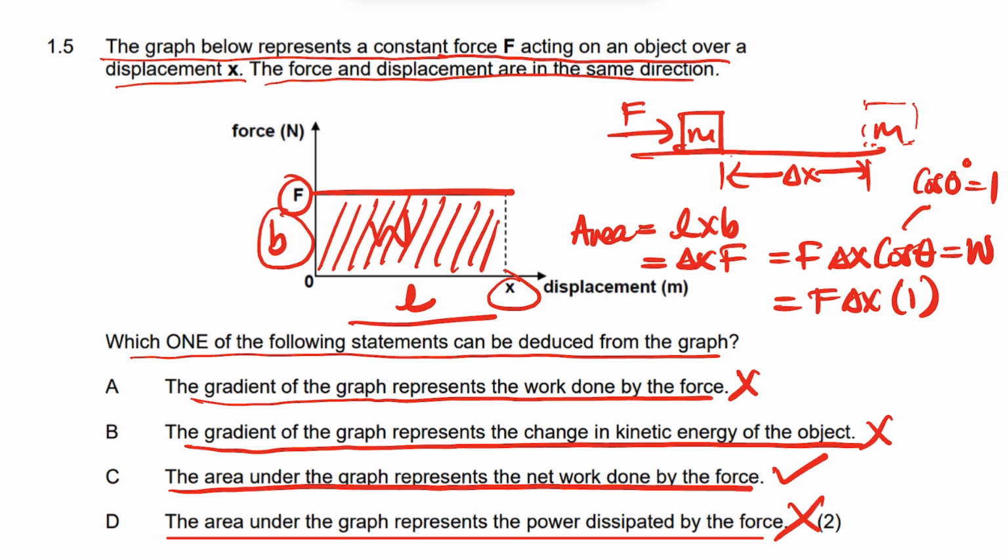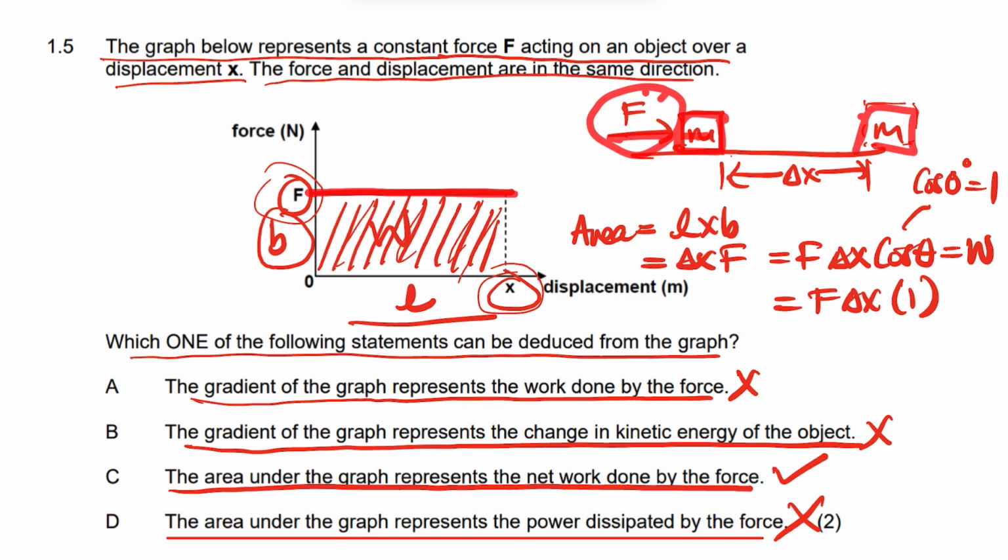All the time, guys, if you have a force versus displacement graph, the area under that curve represents the work done. Looking at the graph here, the force is constant. When you push this object, you are doing work from there to there, and the force you are exerting is constant.